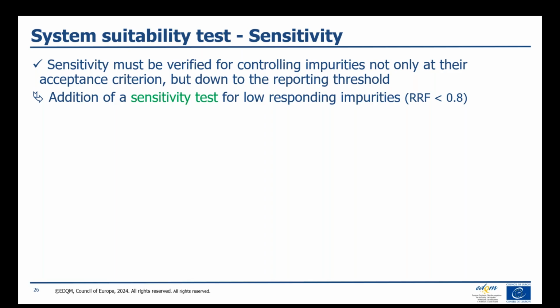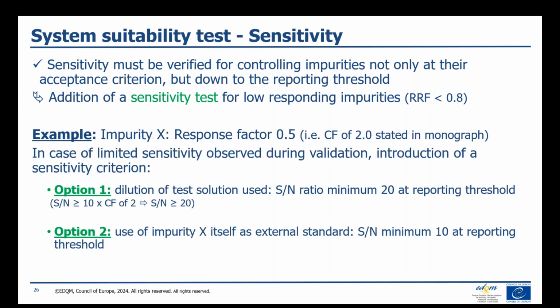For example, if we notice that there is an impurity which has a response factor of 0.5, and that during the validation of the method we notice that the sensitivity is a little bit borderline, in this case we will include an additional criterion.